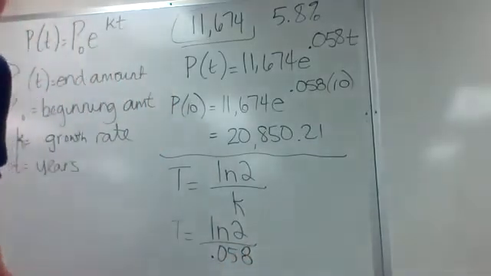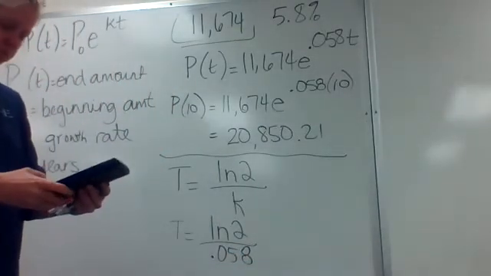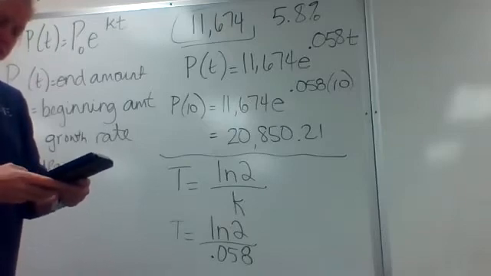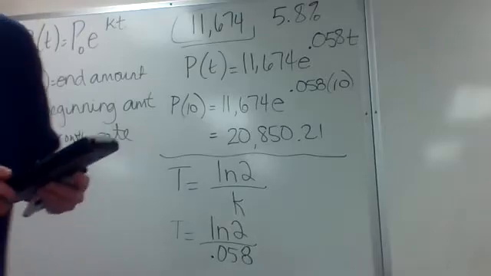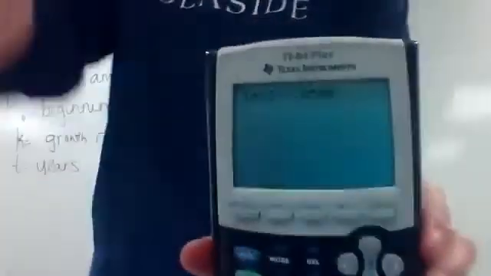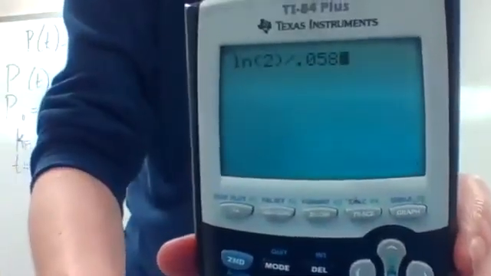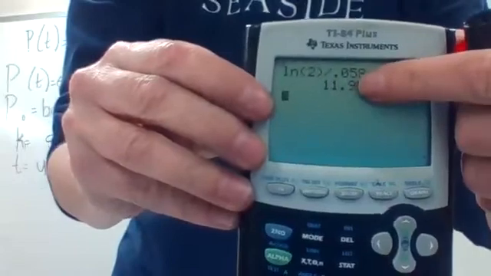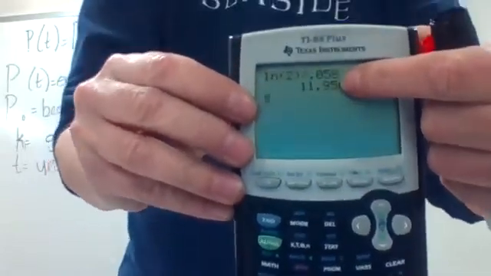0.058. Rounding it to 1 decimal. So ln of 2 divided by 0.058, rounding to 1 decimal. So after that 9 is a 5.